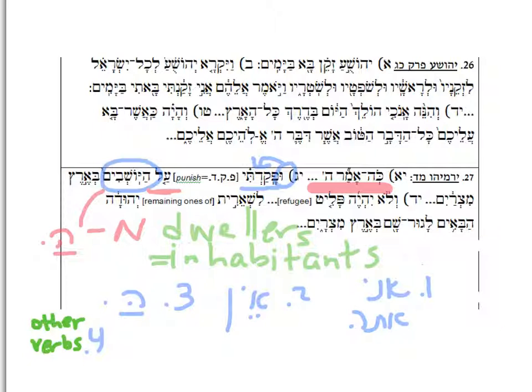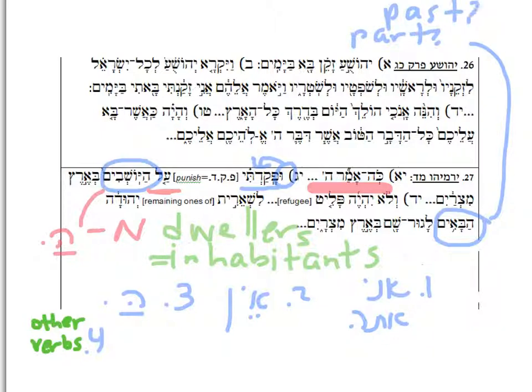Lo yihiyeh palit, there will not be a refugee, l'she'iri Yehuda, to the remaining ones of Yehuda, haba'im. So my question is about the word haba'im. Is haba'im past tense, or is it a participle, and how do you know? Okay, so I look at the word haba'im and I have two clues that tell me that this is a participle.